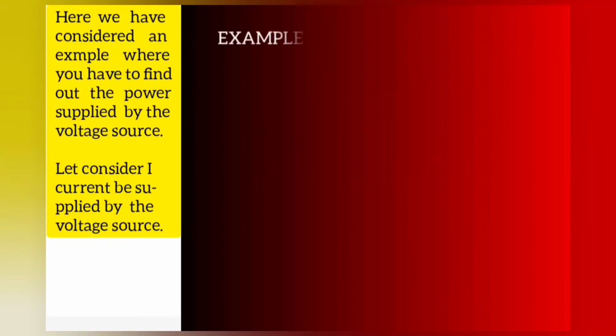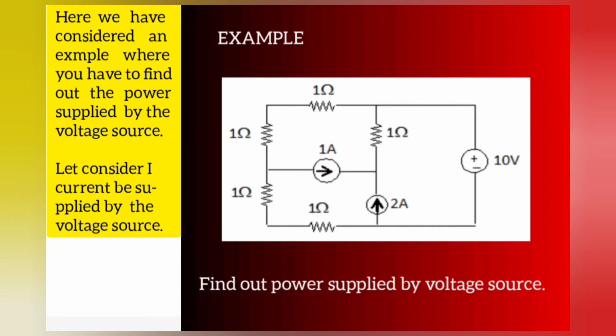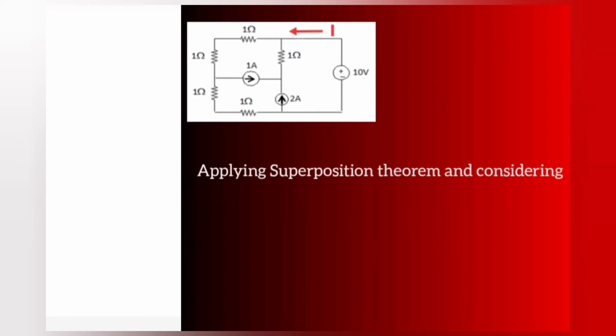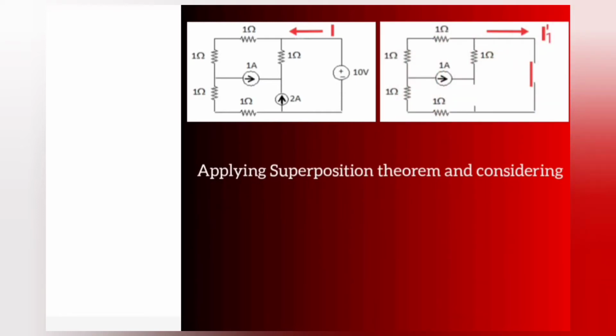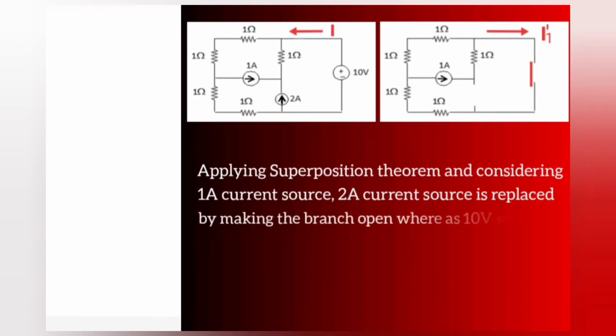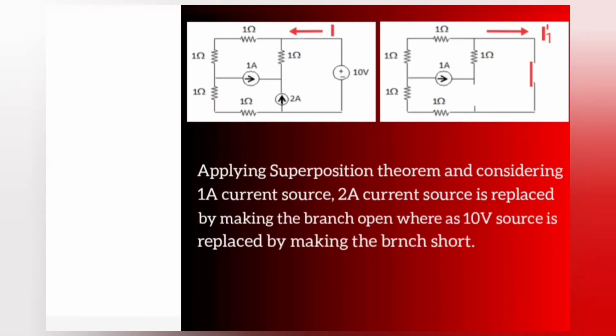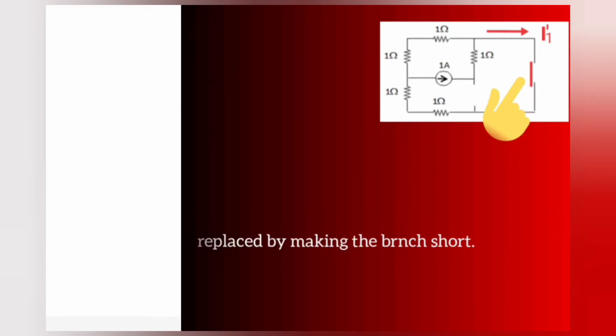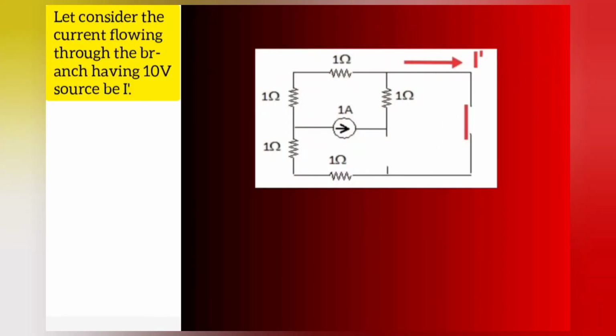Here we have considered an example where you have to find the power supplied by the voltage source. Let I be the current supplied by the voltage source. Applying the superposition theorem and considering only the 1 ampere current source, the 2 ampere current source is replaced by an open circuit, whereas the 10 volt source is replaced by a short. Let the current through the branch having the 10 volt source be I'.